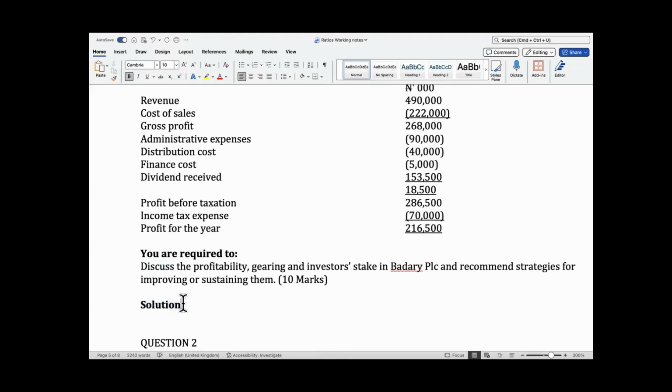There are several approaches to this, and it is just 10 marks. In the exam, when you multiply this 10 by 1.8, I don't want to spend more than 18 minutes on these questions. So the best I can do for these guys is to compute 2 ratios each.